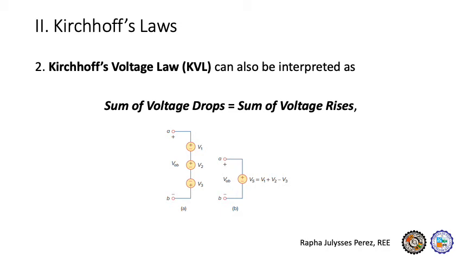We need to be mindful of their sign conventions as well, because they do not algebraically add automatically. If the terminals of these voltage sources are the same, they will cancel out each other.